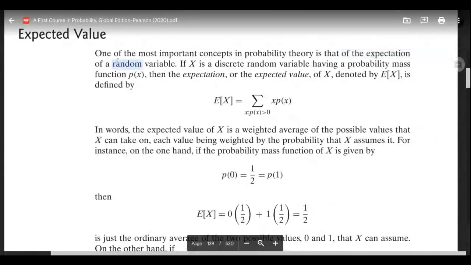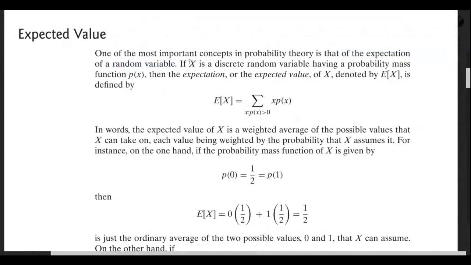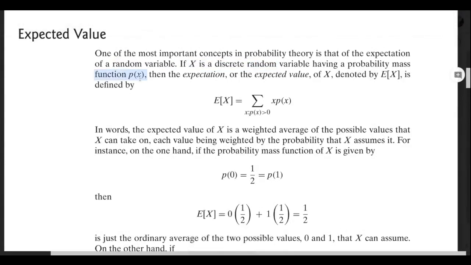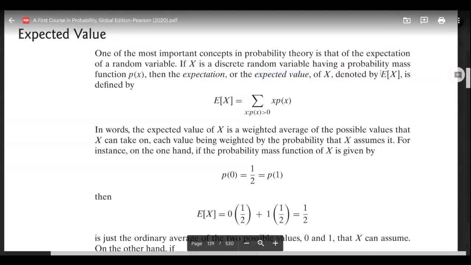About the expectation of a random variable: if x is a discrete random variable, discrete meaning countable, having a probability mass function, probability of x, then the expectation or expected value of x is denoted like this.